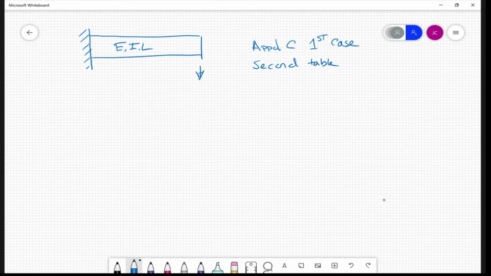All right. So if you're given a problem as shown here, a cantilever beam fixed at one end with a tip load, if you look in Appendix C, the first case in the second table is exactly this. And this will tell you the beam deflection v of x is minus Px cubed over 3EI, 6EI.